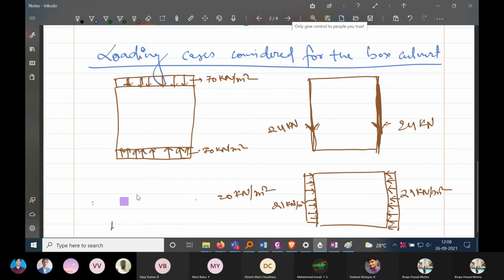Purposefully I did that, but nobody corrected. Just like the water pressure, it will be a triangular one.